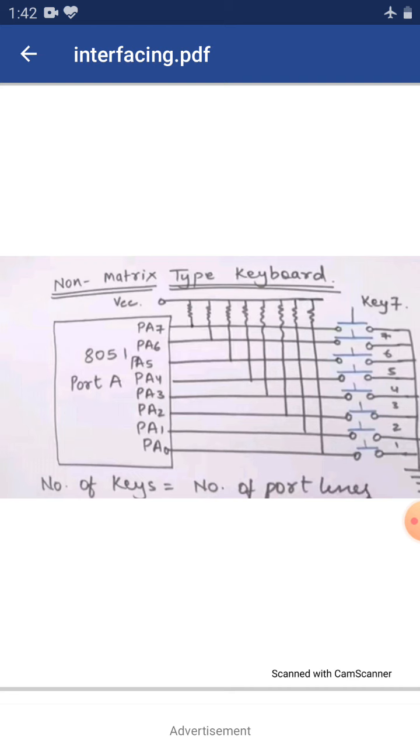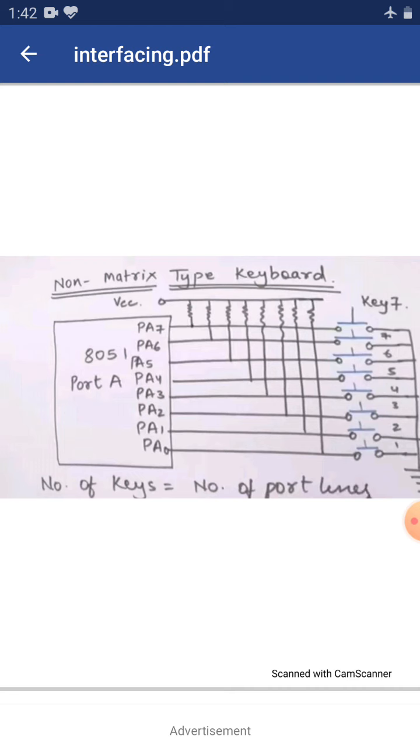You have to define the number of input lines you want, and that number of port lines you have to take in non-matrix form. Simply, if you want to consider 10 inputs, then you have to connect 10 port lines. Here in the figure we are taking a non-matrix keyboard with 8 input keys.